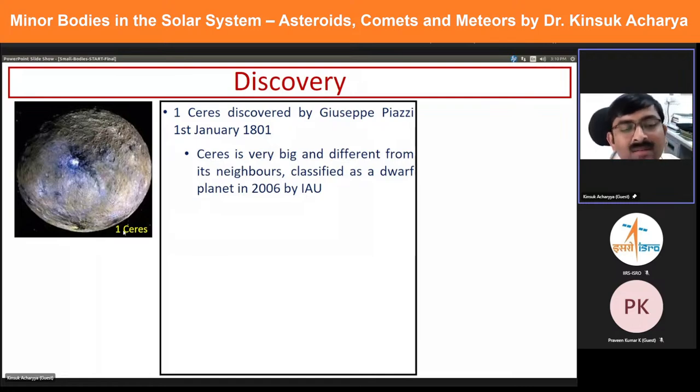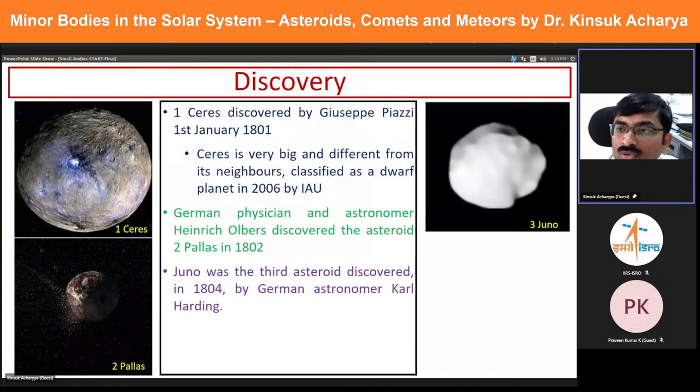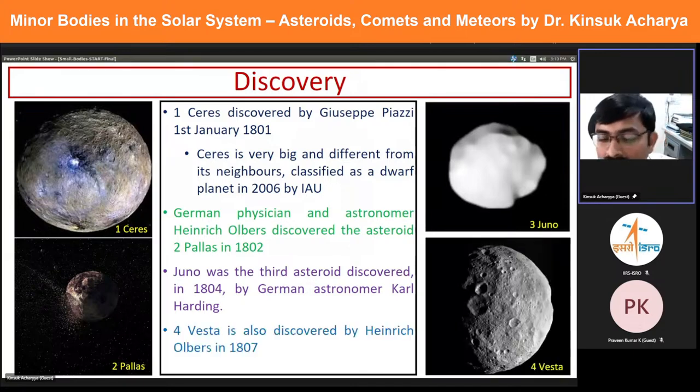Although now we know that the IAU has classified it as a dwarf planet, till 2006 it was an asteroid. Next discovered were Pallas, then Juno, and then Vesta. So there was a race to find planets, and mostly big asteroids were found. Since then, a large number of asteroids are being discovered.